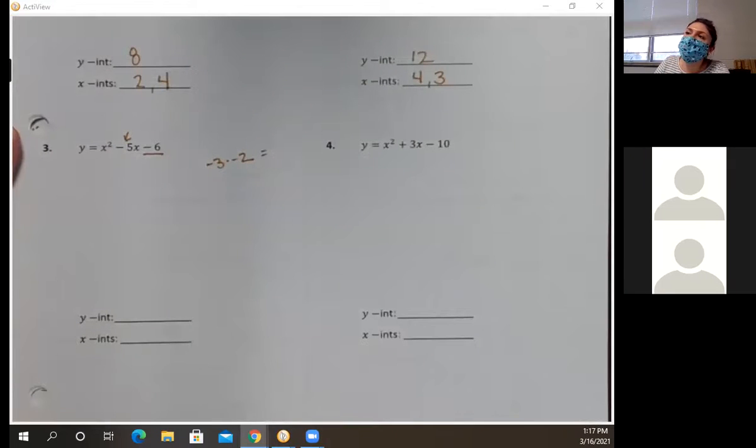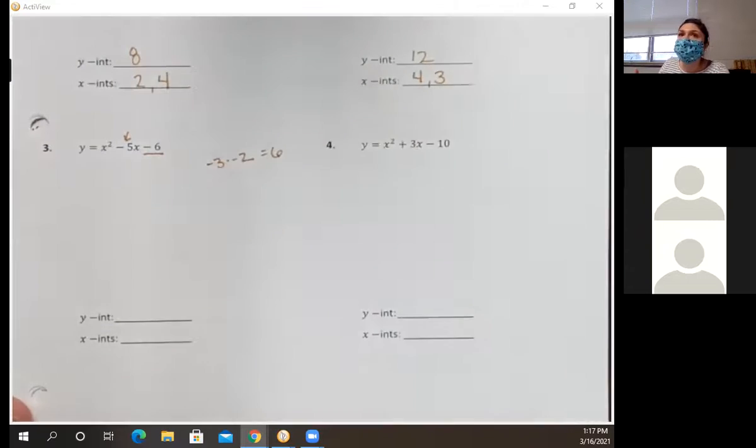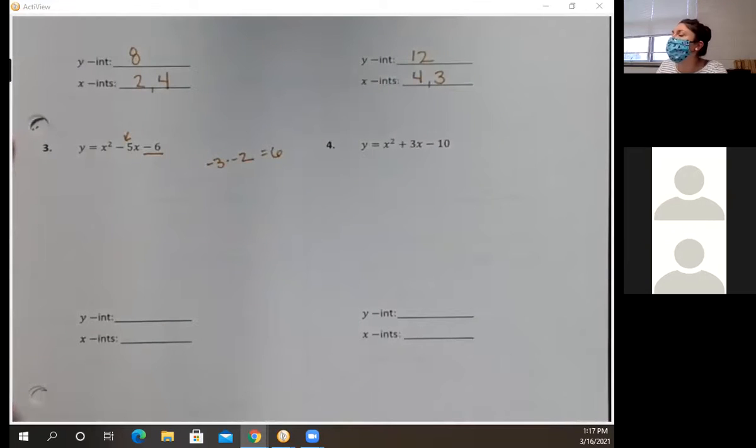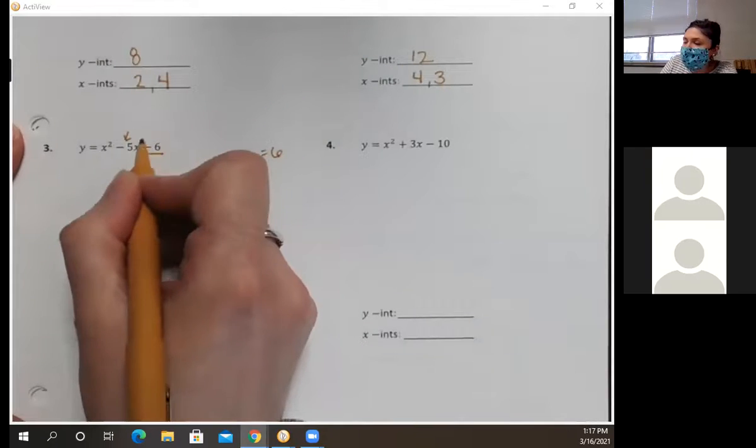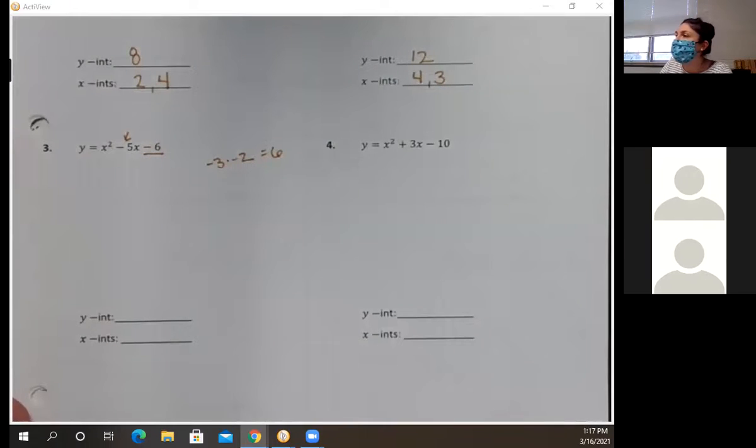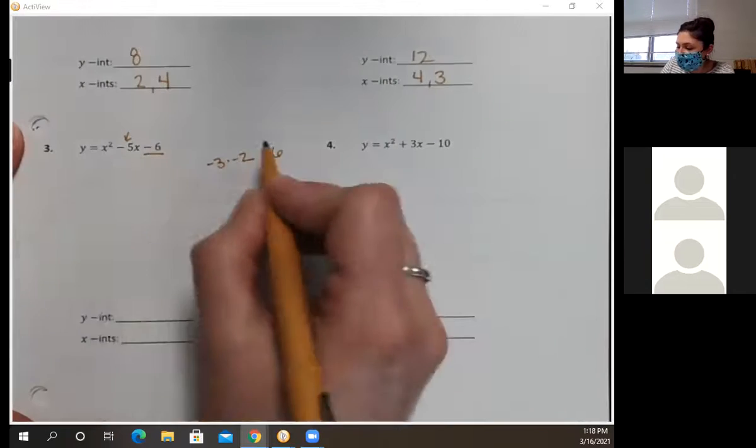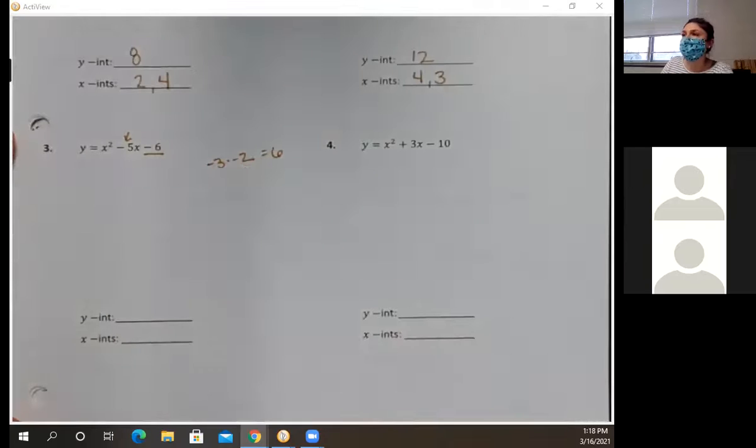If I multiply those, what do I get? Positive 6. So I will tell you that the problems I see the most errors on are problems where we have to factor 6. For whatever reason, we have a hard time with the 6. Okay. So you have to be careful with your signs on this, because I will see a problem like this factored like this all the time. Okay, really, really common error.